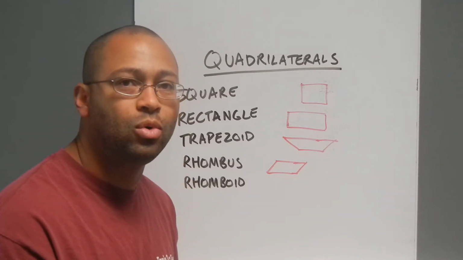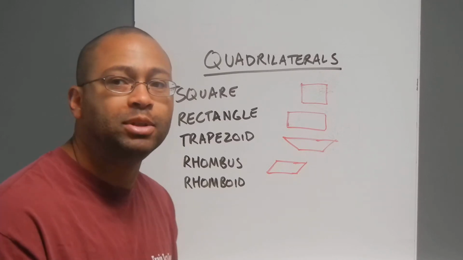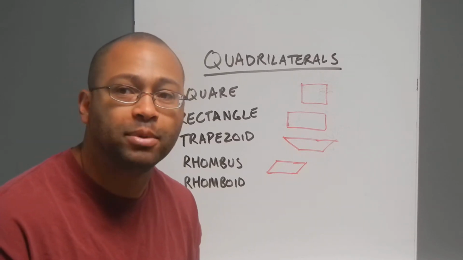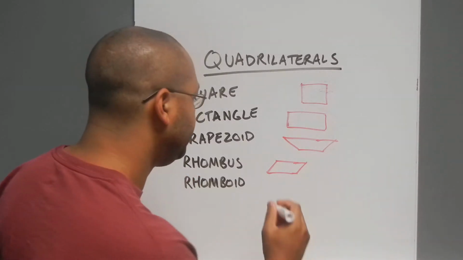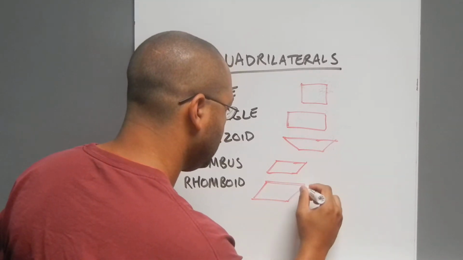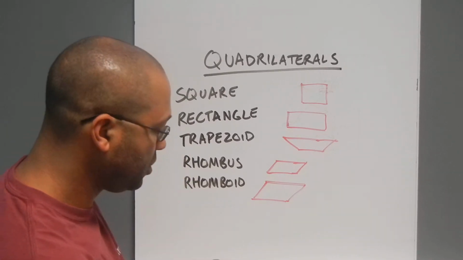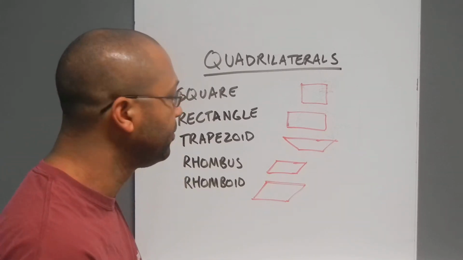All sides are equal. Now the rhomboid is more like the rectangle, where opposite sides are equal in length and opposite angles are also equal. So this is more like a square, and this is more like a rectangle in that case.